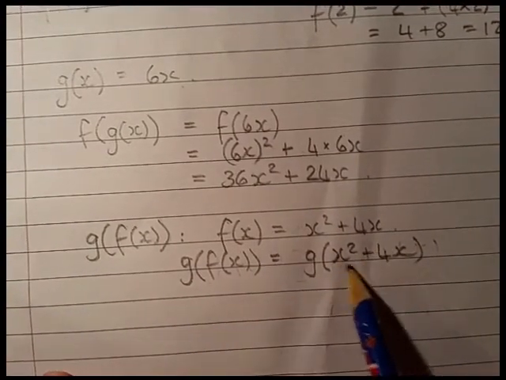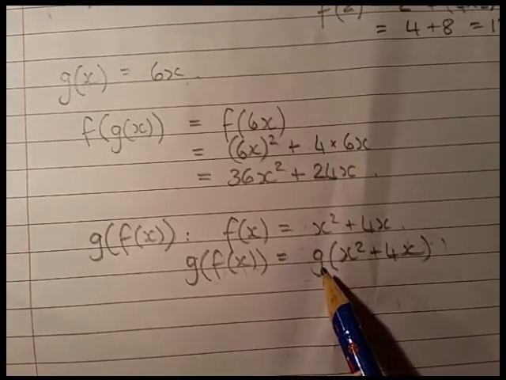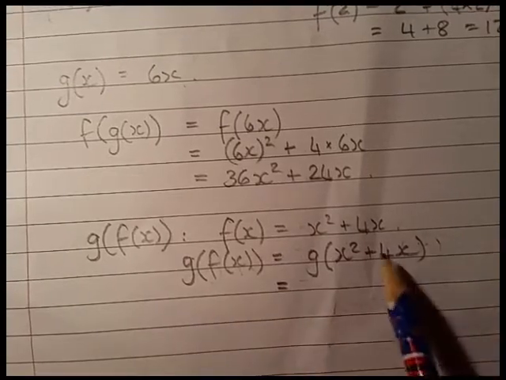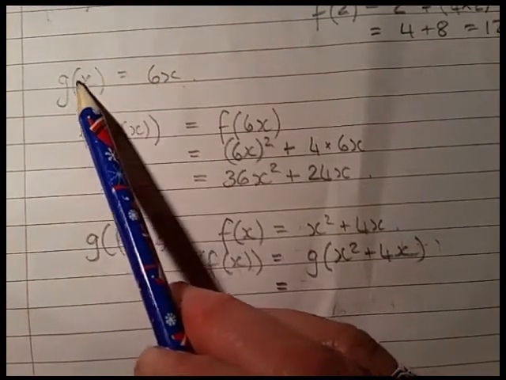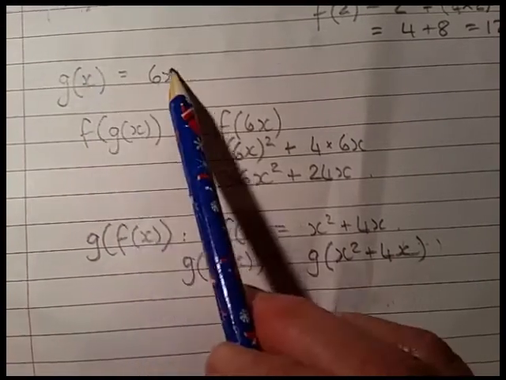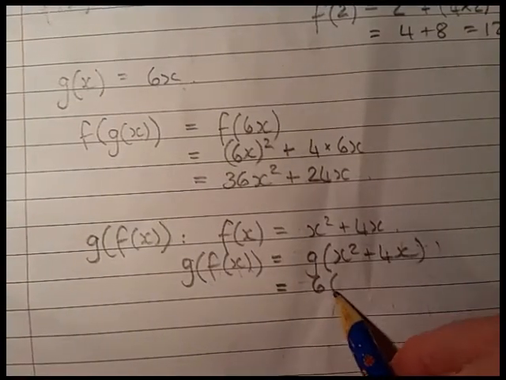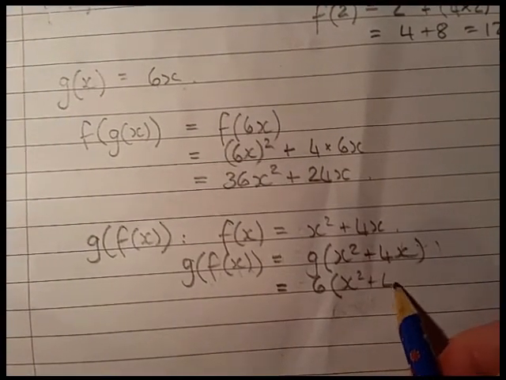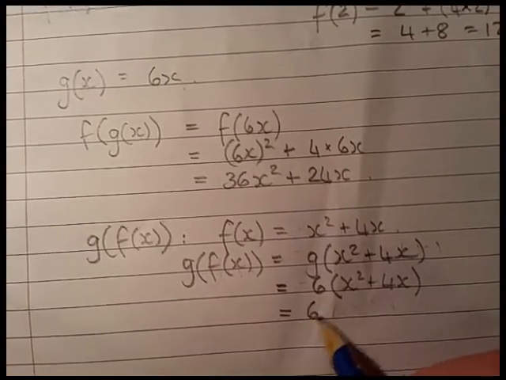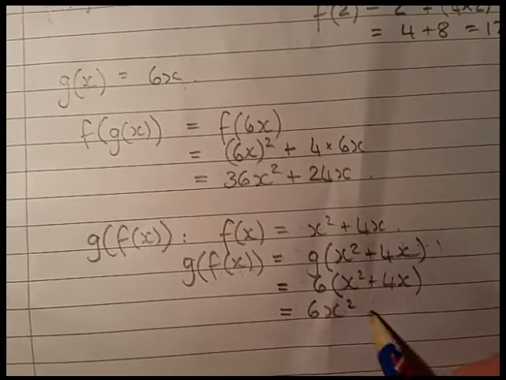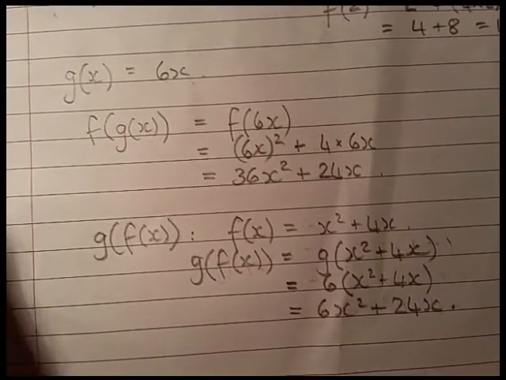So this is what we're putting in to the function g. Now, what does g do to whatever you put in? It just multiplies it by 6. So we've got 6 times whatever we put in, which is x squared plus 4x. So that is 6x squared plus 24x. And that is your answer.